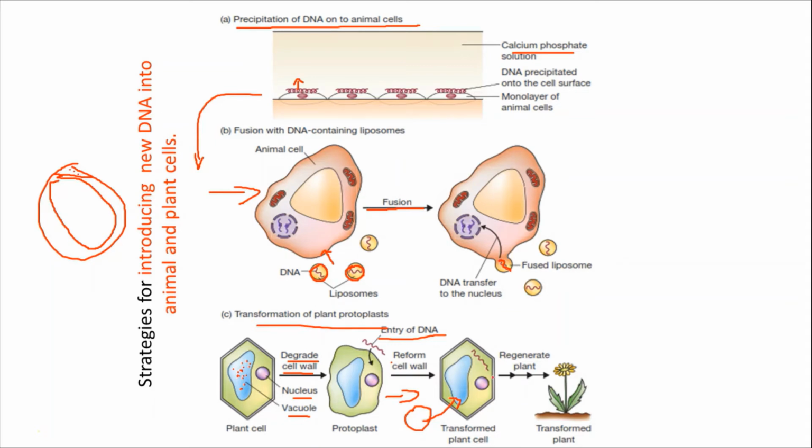Finally, we produce a transformed or recombinant plant, a genetically modified plant. So you know the basic difference between this DNA precipitation, this liposome based DNA delivery, and this microinjection method.